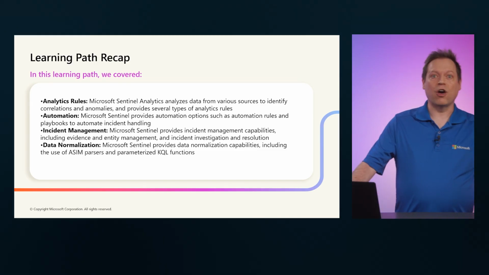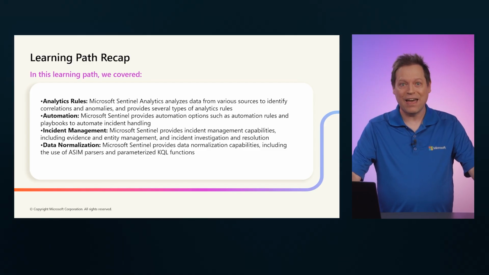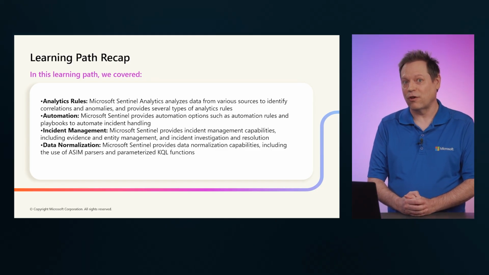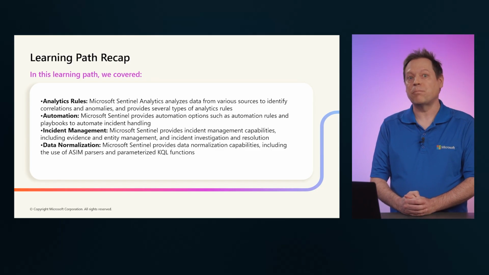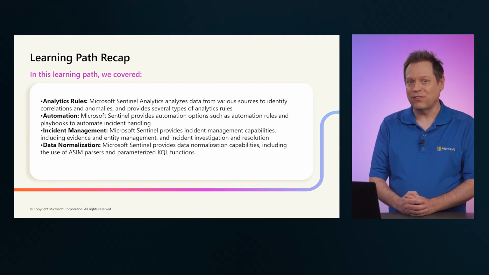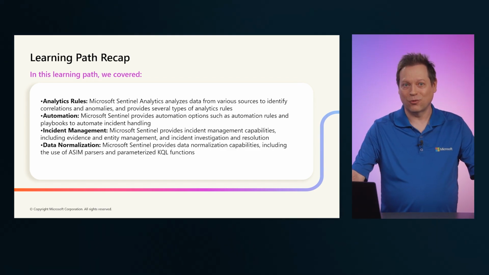From there, we covered incident management, looking at how Sentinel supports evidence and entity management, investigation workflow and incident resolution. We also discussed data normalization, including the use of ASIM parsers and parameterized KQL functions, which help you write consistent, reusable queries across your data sources.